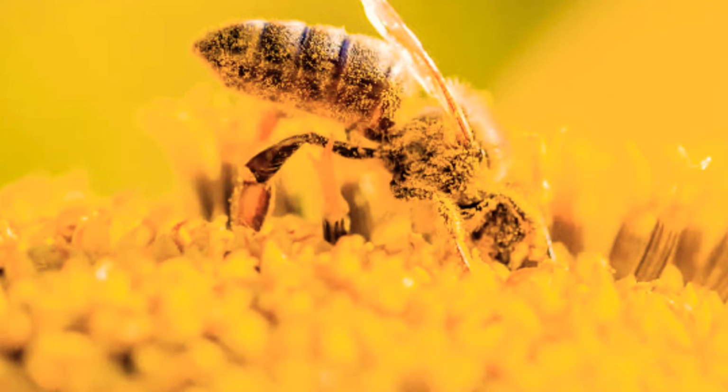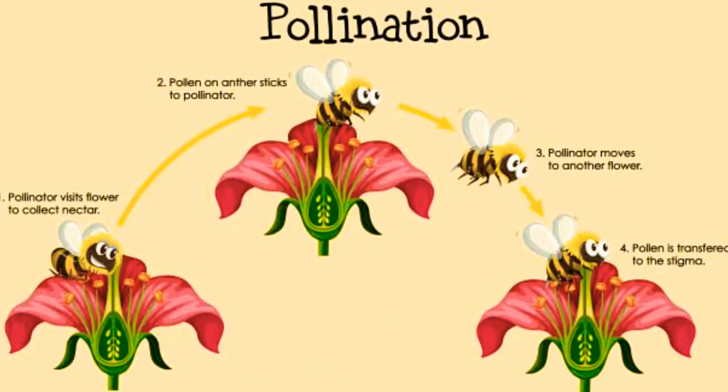When a butterfly or other insect lands on a flower, dust of pollen sticks to its legs. As the butterfly flies to the next plant, it transfers the pollen to the pistil. So when the pollen moves from the stamen to the pistil, it is called pollination. And once pollination takes place, the seed starts to grow.